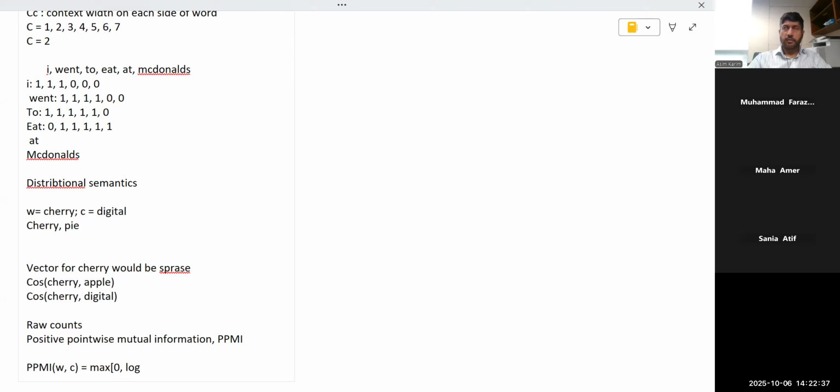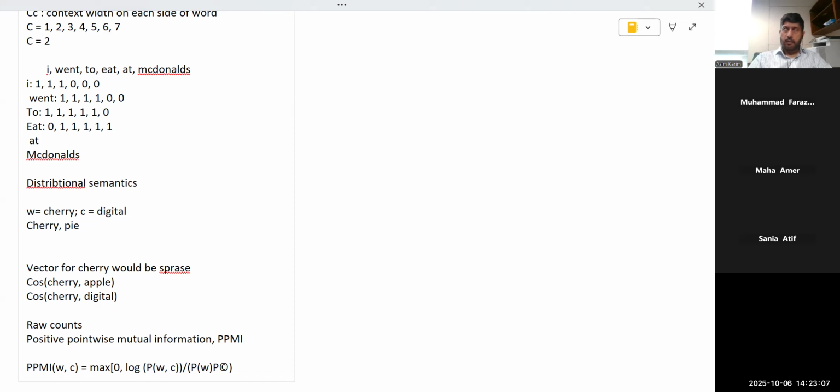Log can be base 2 or log 10, but whatever you use, use it consistently. So numerator में probability of the joint, और denominator में probability of the individual words. In other words, ये आपका independence mutual information भी कहते हैं, but you can use this to find independence relationships as well.